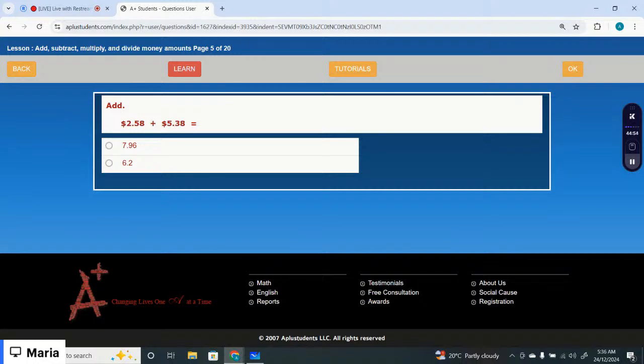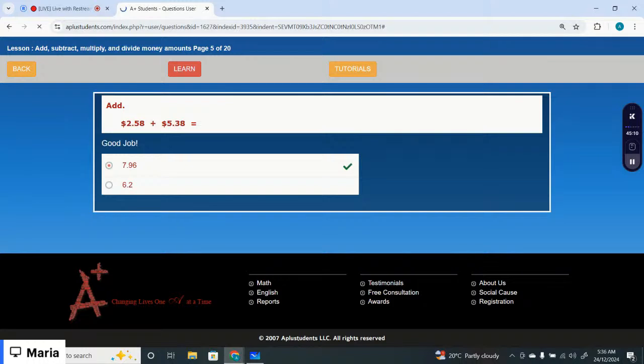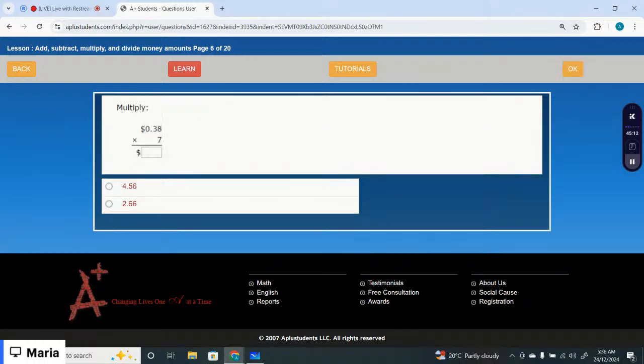2.58 plus 5.38, which is the correct option? That is 7.96. Option number one is the correct option. 0.38 times 7, which is the correct option?